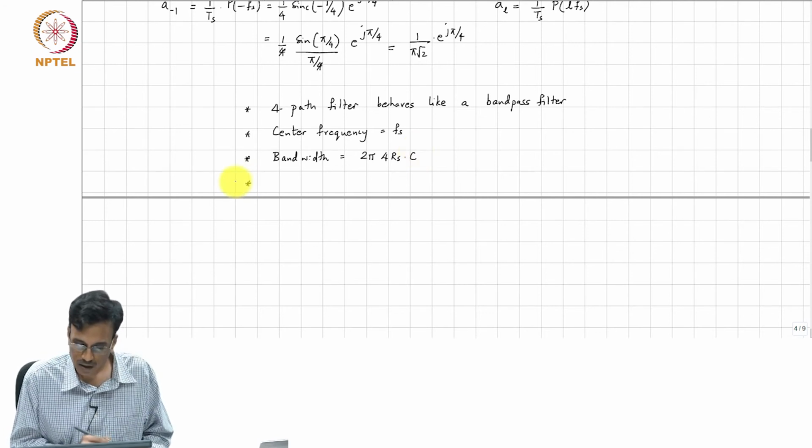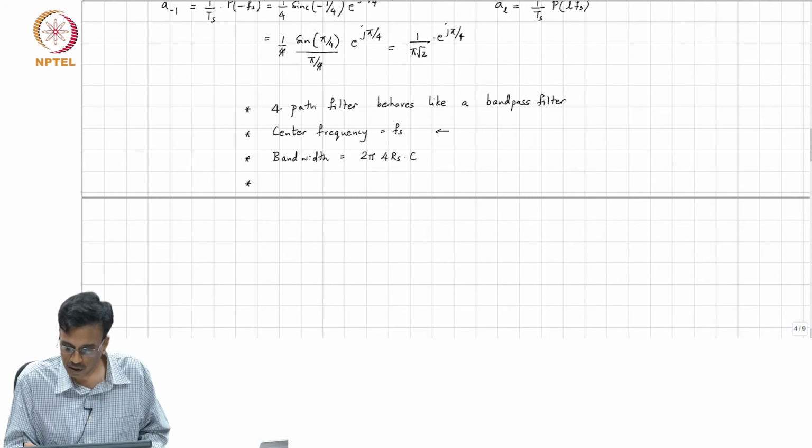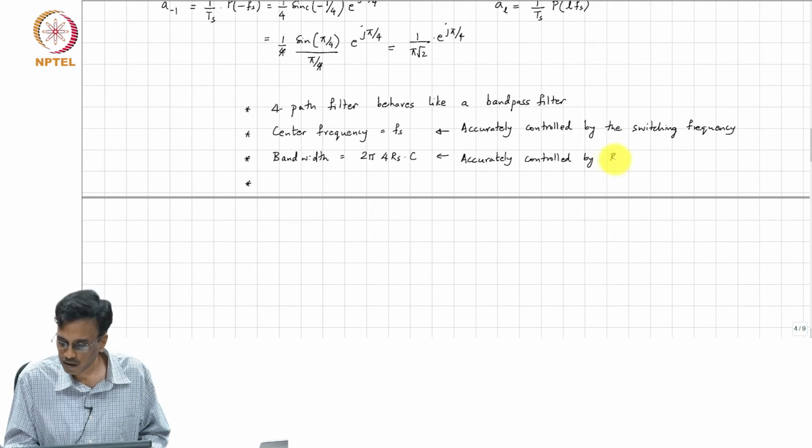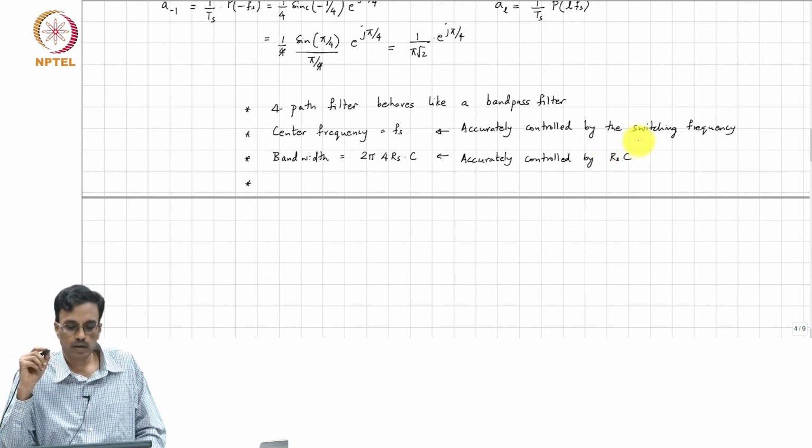And so therefore, center frequency is accurately controlled by the switching frequency, and the bandwidth is accurately controlled by the RC product, right.